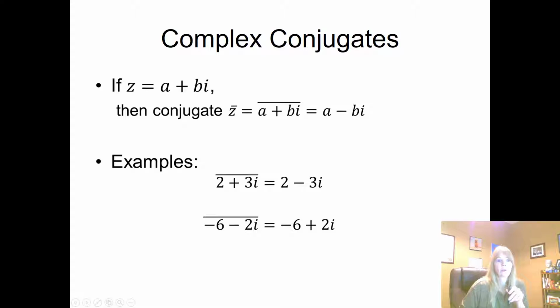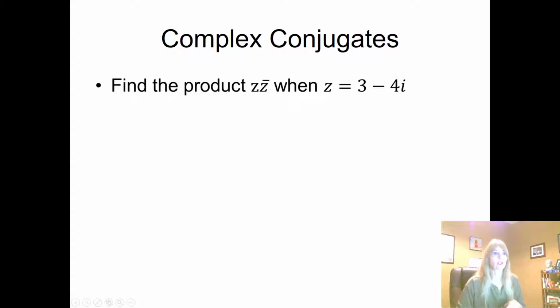So 2 plus 3i becomes 2 minus 3i. The real part doesn't change. So if I want the conjugate of -6 minus 2i, the -6 stays the same, and the imaginary part is the part that's going to change.